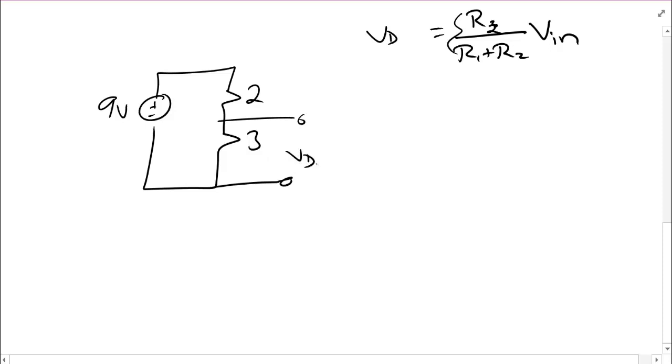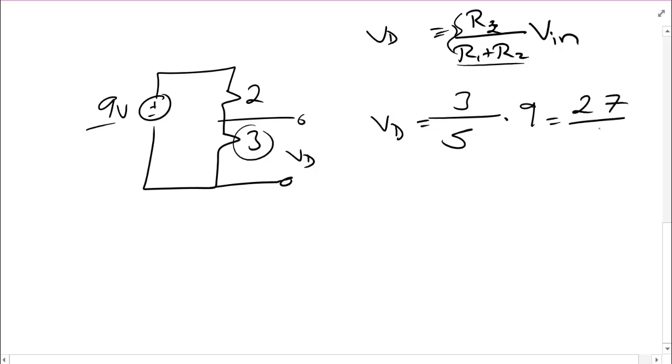I don't need to redo the analysis because I already know all my values. VD is equal to 3, that's R2, over the sum of the resistors, 2 plus 3 is 5, times Vin, which is 9 volts. Or, in this case, 27 over 5 volts.